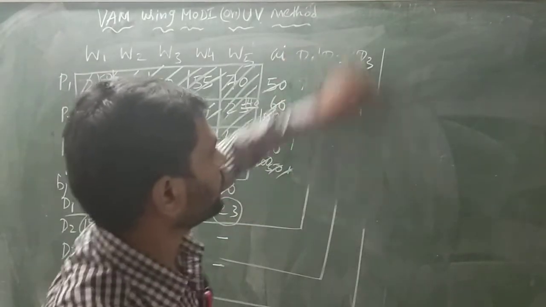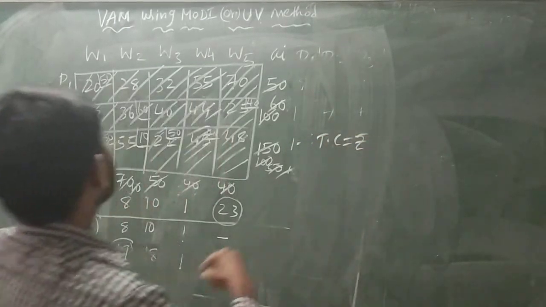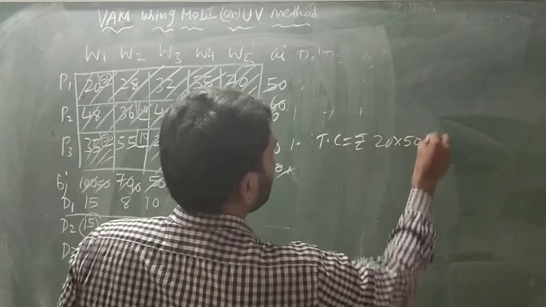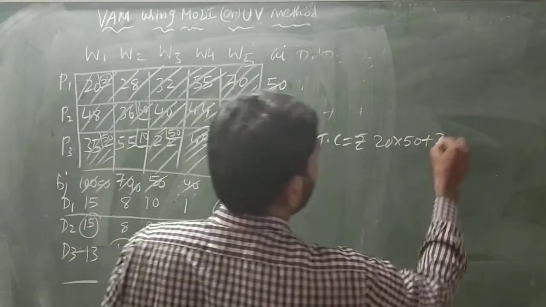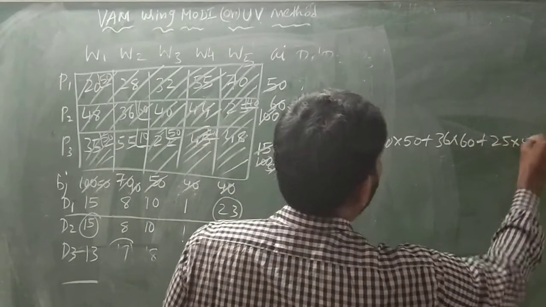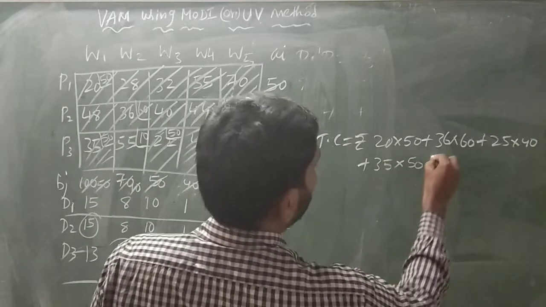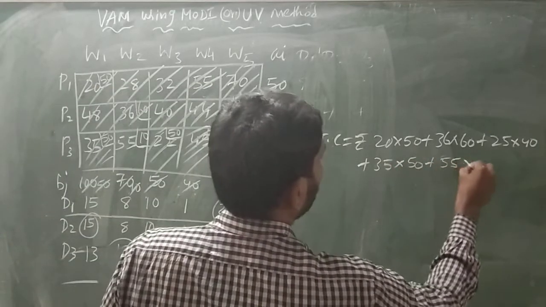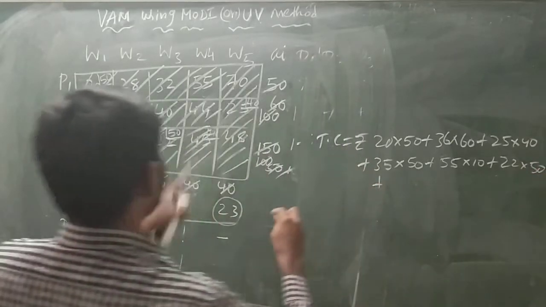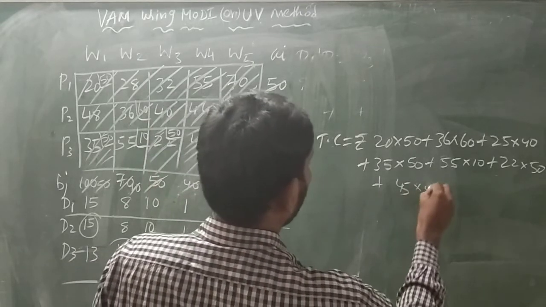So now find the answer. Therefore transportation cost equal to rupees: I multiply and add every allotted cell. 20 into 50 plus 36 into 60 plus 25 into 40 plus 35 into 50 plus 55 into 10 plus 22 into 50 plus 45 into 40.